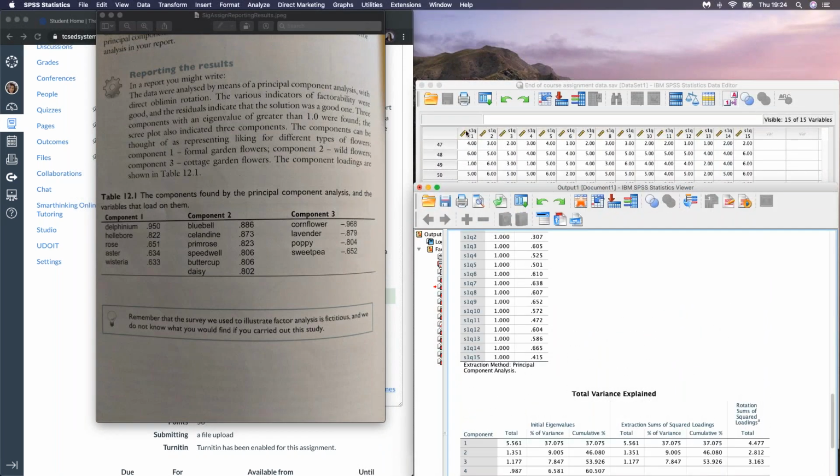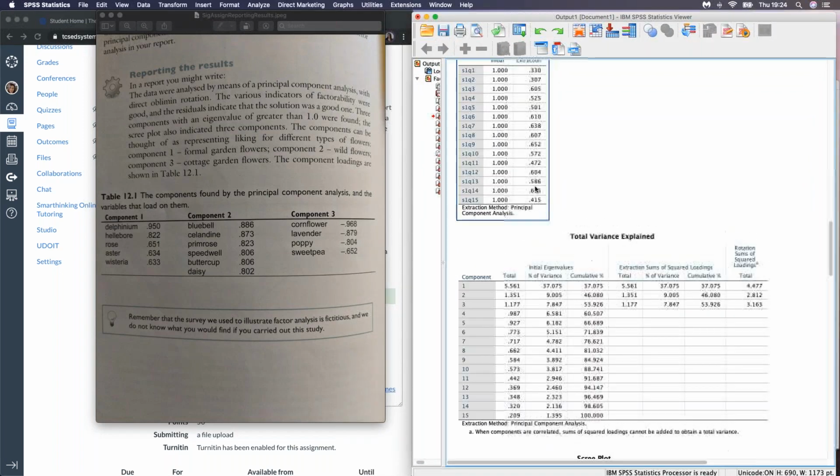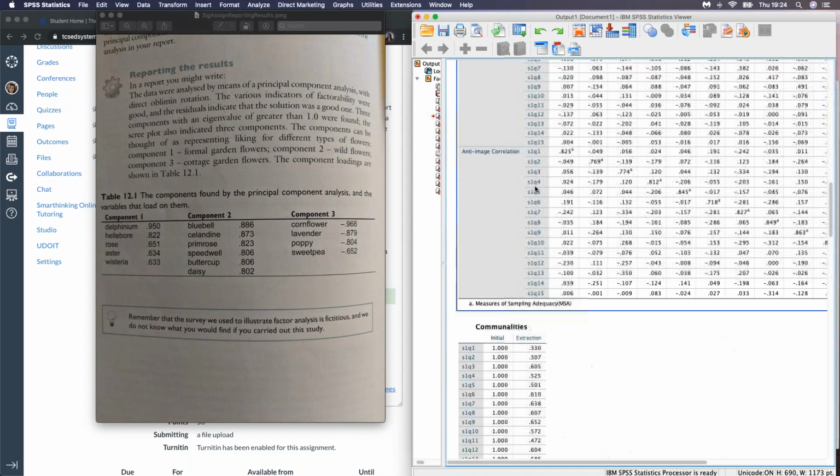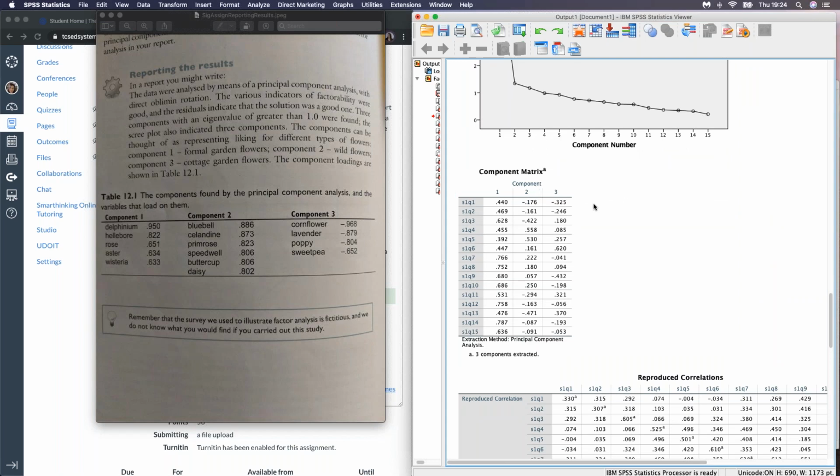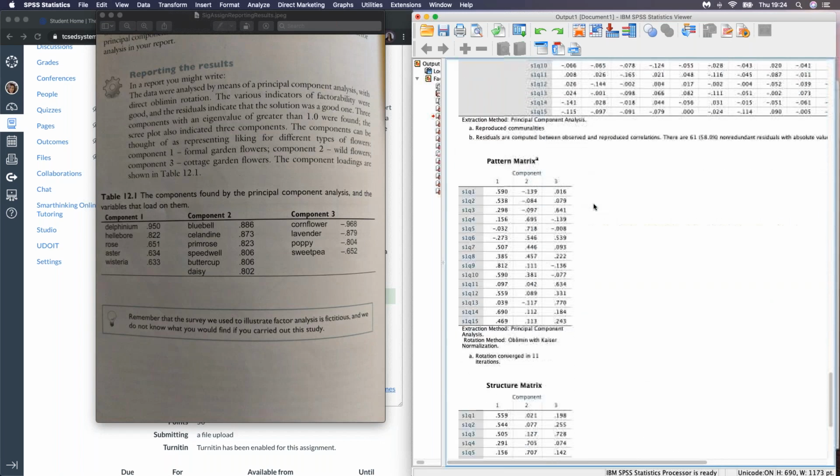So for example, S1Q1, S1Q5 would be on this side, and then the values that we find on the pattern matrix table. Here we go, the pattern matrix table.